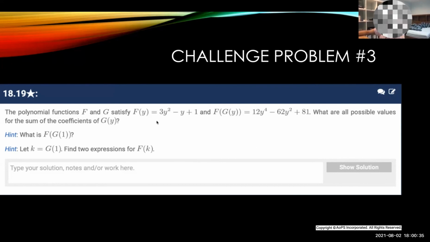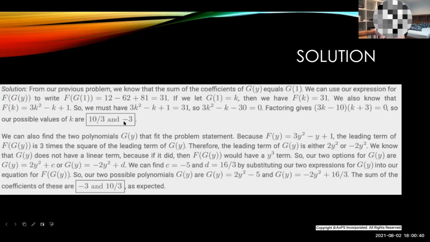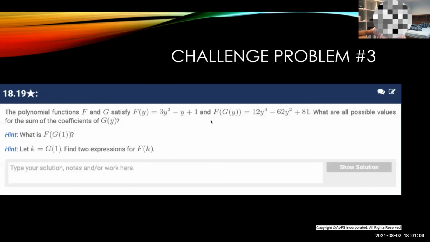Okay, so from this problem, one of the solutions is to set f of g of 1, so you get the coefficients, and then we have f of k equal to 31, because we know that f of g of y is 31.